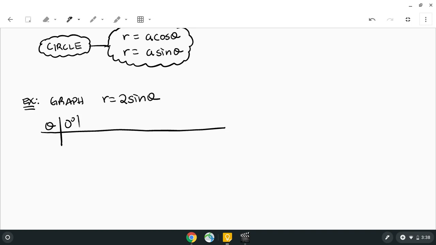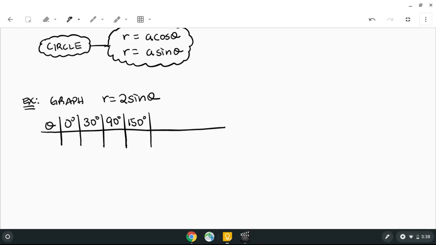So I'm going to choose 0 degrees, which is really easy to do in my head without a calculator. 30, because sine of 30 is 1/2. 90, of course. 150, because it has a reference angle of 30. 180.